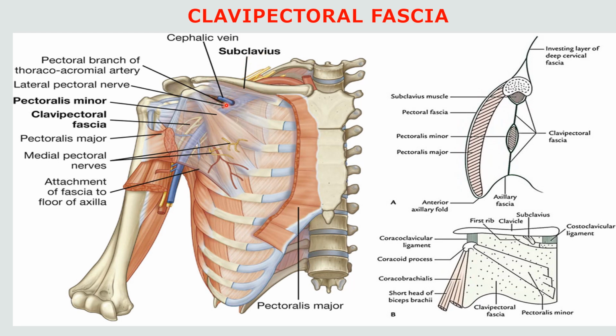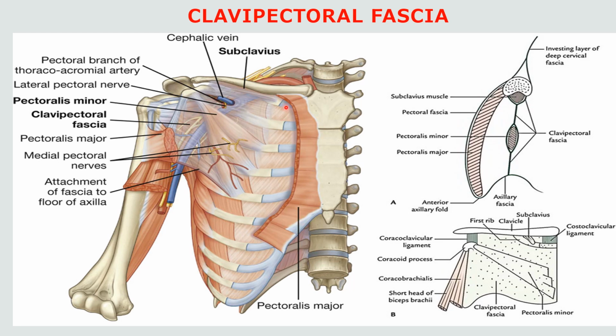One is the cephalic vein, then lymphatics from the infraclavicular nodes or from the breast, then the lateral pectoral nerve and the thoracoacromial artery. So this is about the clavipectoral fascia.